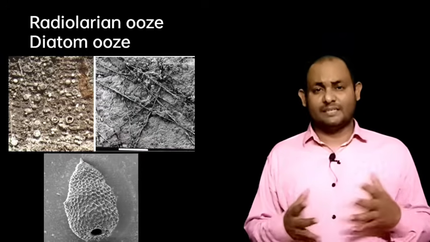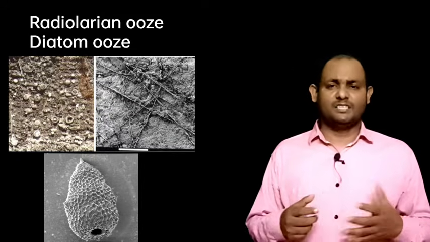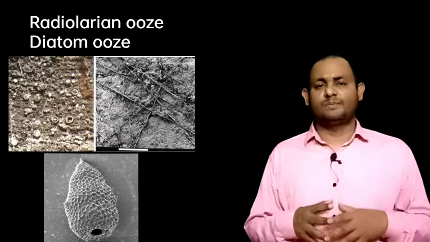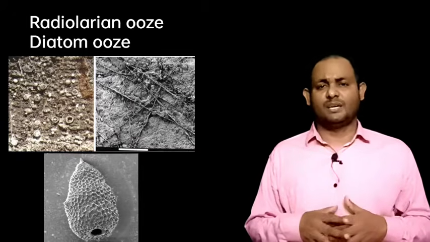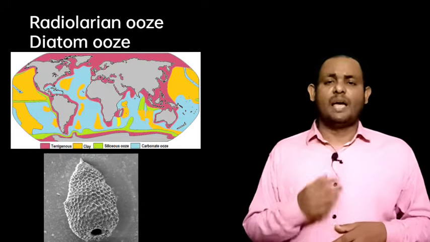Lime content decreases with increasing depth and absolutely disappears at greater depth. This ooze is found up to a depth of 2000 to 5000 fathoms in the tropical ocean and sea.